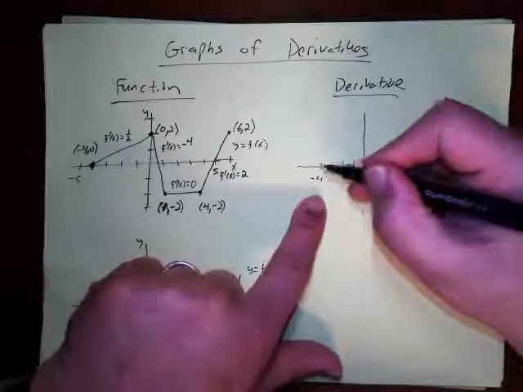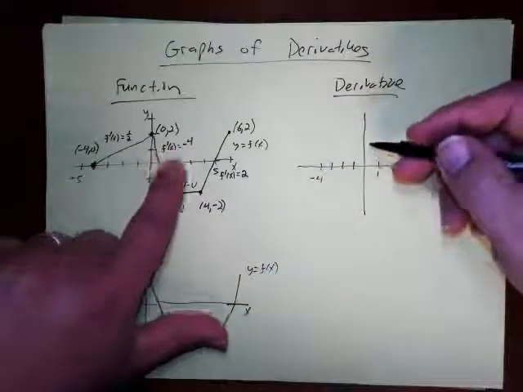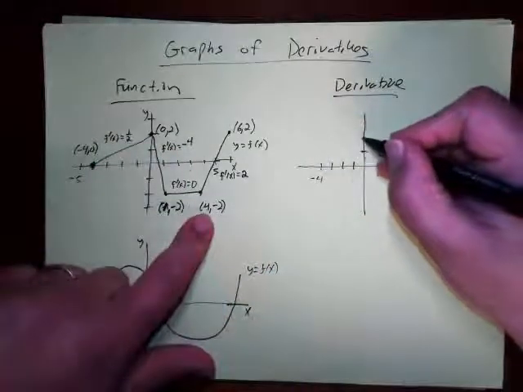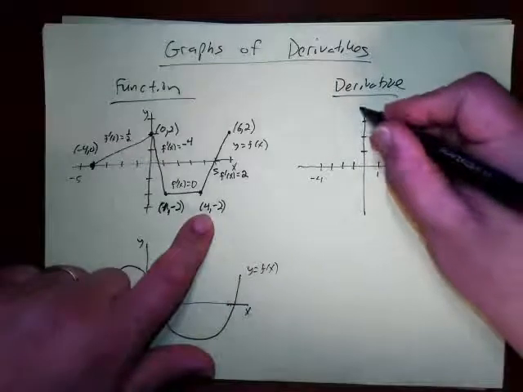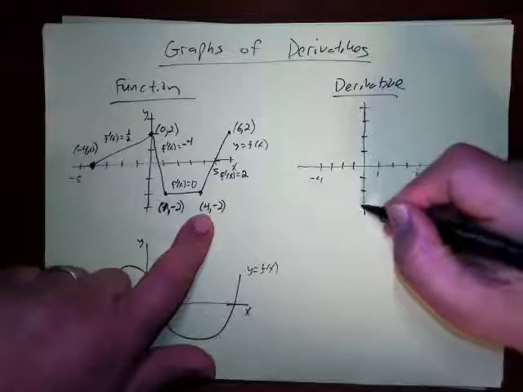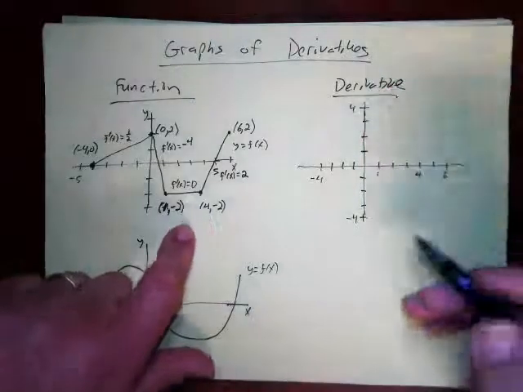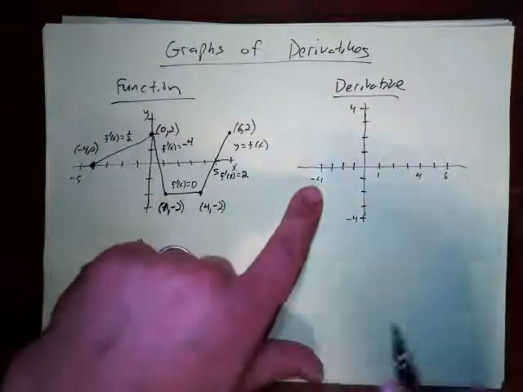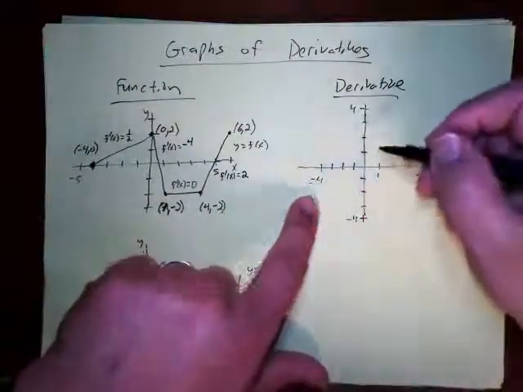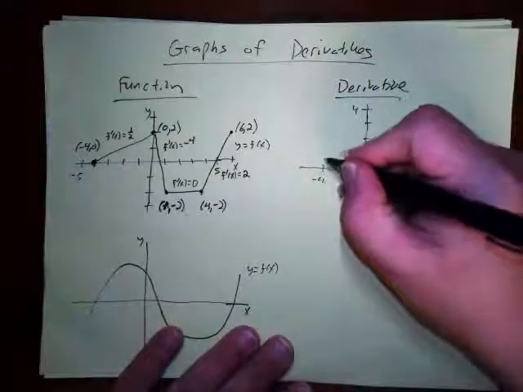From negative 4 to 0, it's going to have a slope of 1/2. So I'll mark 1, 2, 3, 4 and 1, 2, 3, 4, so negative 4 to 4. From negative 4 to 0, the slope of the graph is a positive 1/2, so it'd be like right here.